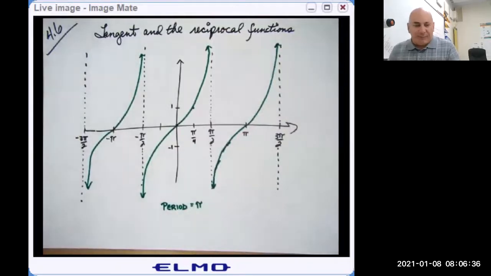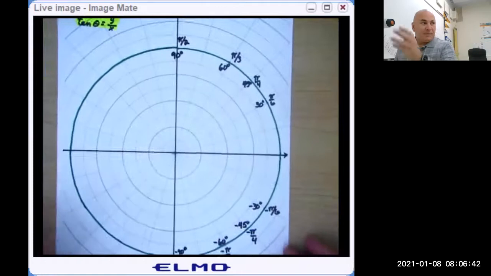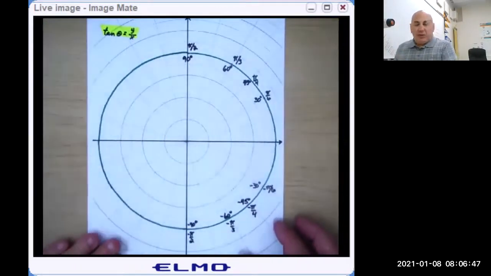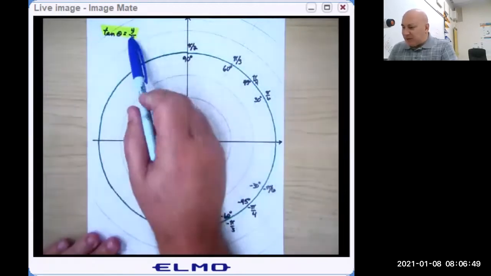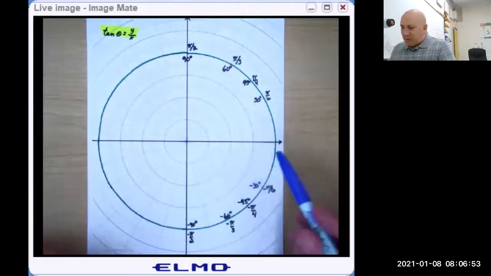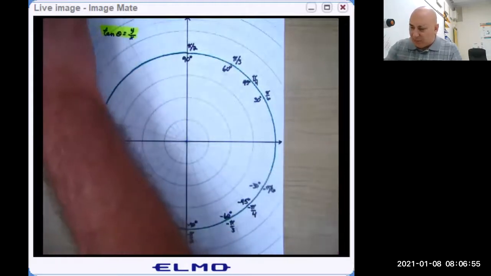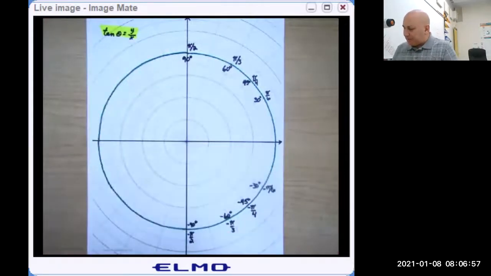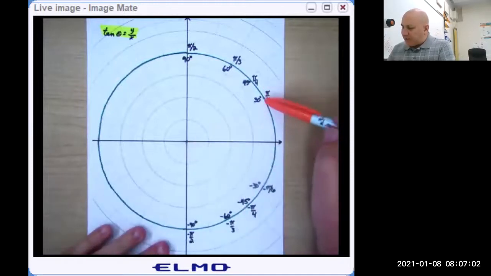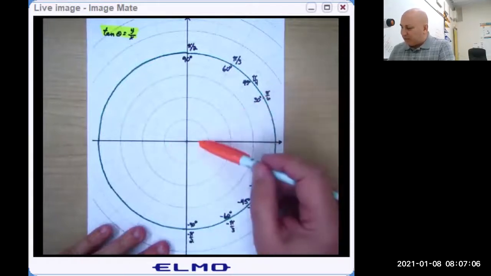Where does this shape come from? Well, again, tangent theta is y over x. So I'll write tangent in orange here, so it'll stand out. Here, this would be a 30, 60, 90 right triangle. This would be 30.